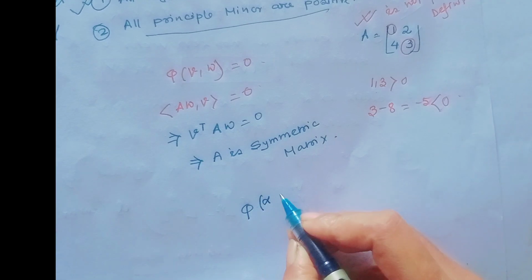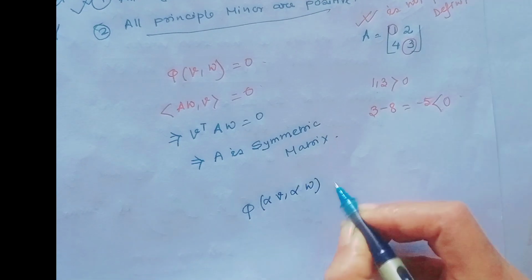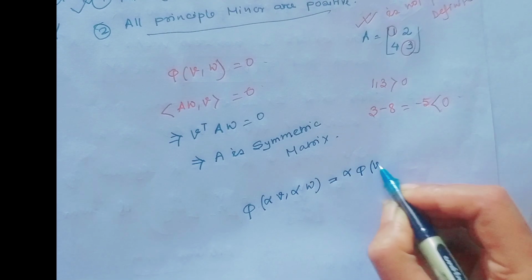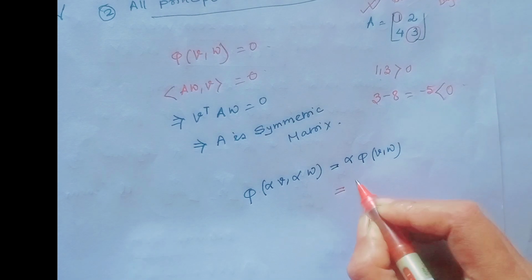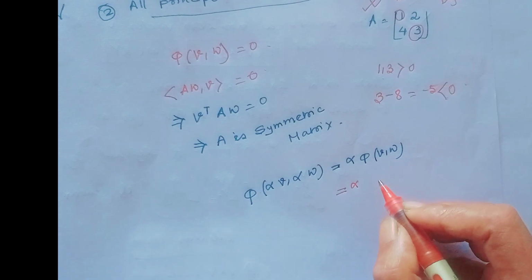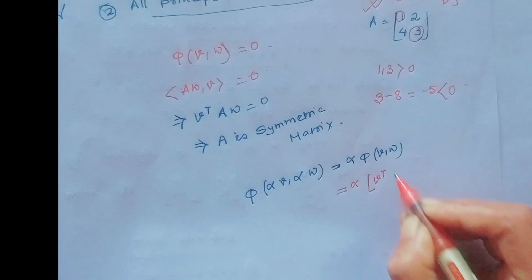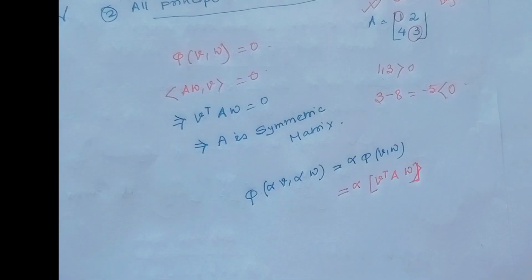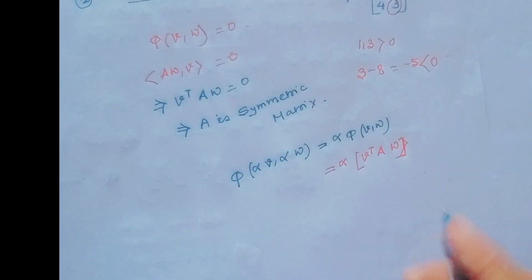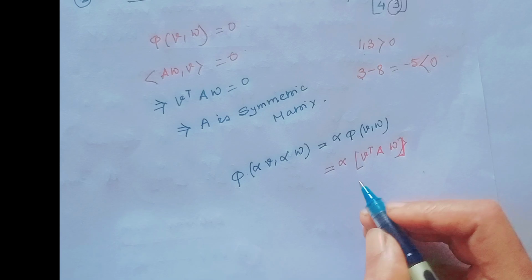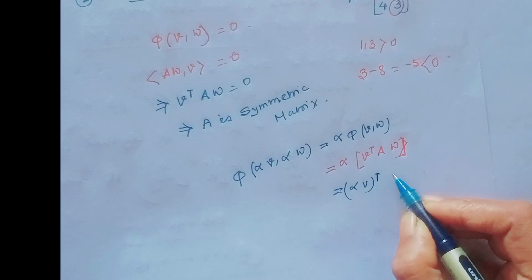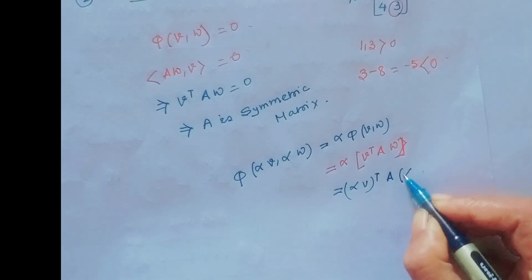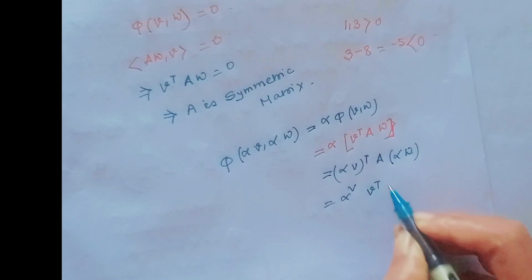That means phi(alpha v, alpha w) should equal alpha times phi(v, w). Now phi(v, w) means v transpose A w, so we can write this as alpha v transpose A alpha w, which equals alpha square v transpose A w.